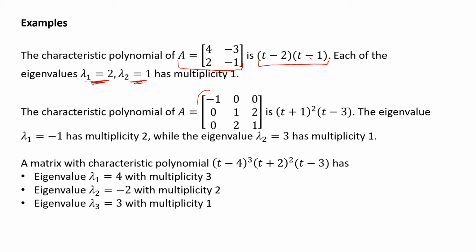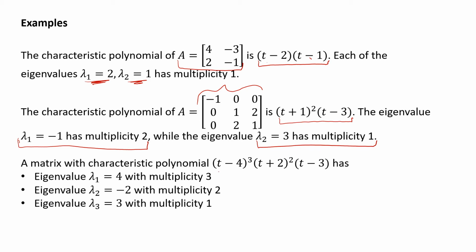However, if you take a look at this second matrix and work out its characteristic polynomial, you get t plus 1 squared and t minus 3. That means that you have two eigenvalues. The first eigenvalue has multiplicity 2. The second eigenvalue has multiplicity 1.